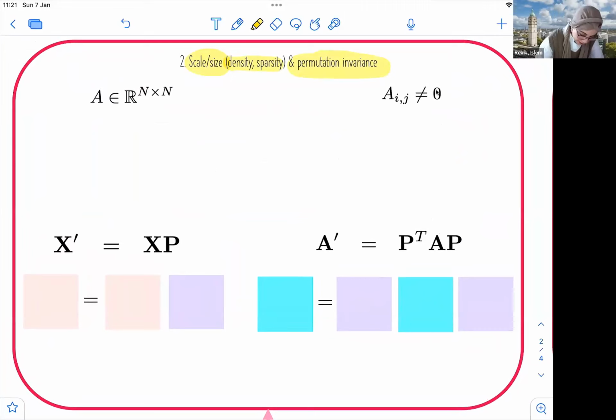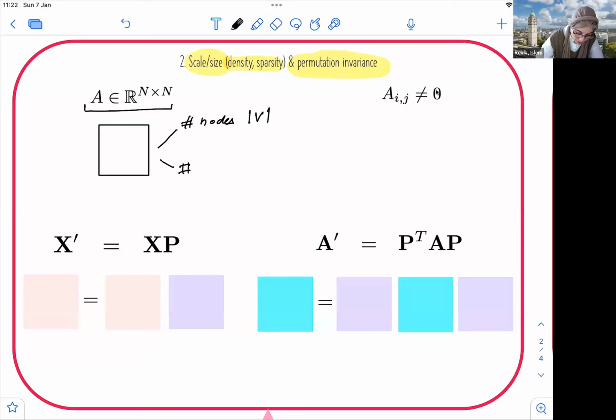The scale or the size of a graph is encoded in its matrix. So when we have an adjacency matrix like this, there are two things here. There is the number of nodes, which we can denote also as V, the cardinality of V.